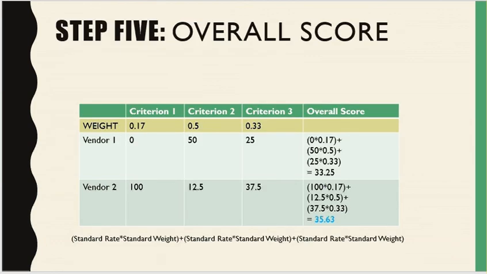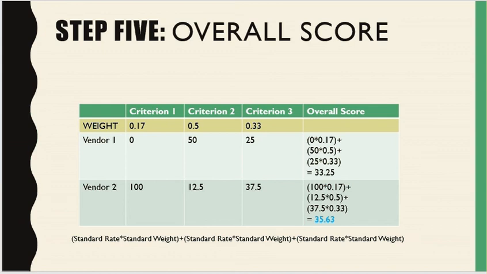Okay, now that we've calculated both the standardized weight and standardized rating, we're going to use these to evaluate the overall score for each vendor. So what you're going to do for this is in the table now, instead of the initial rating that we received from the interviewee, we have listed the standardized rating.